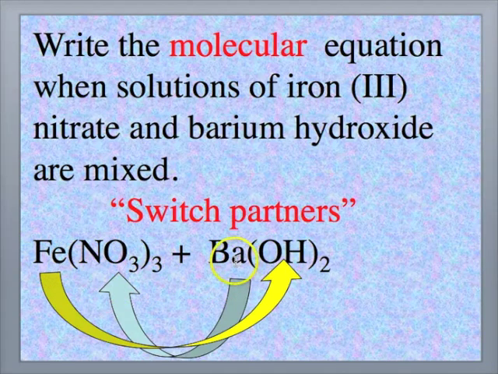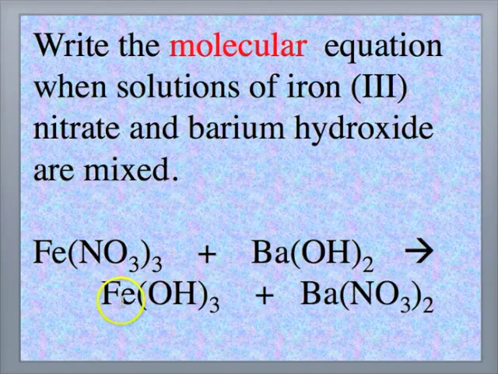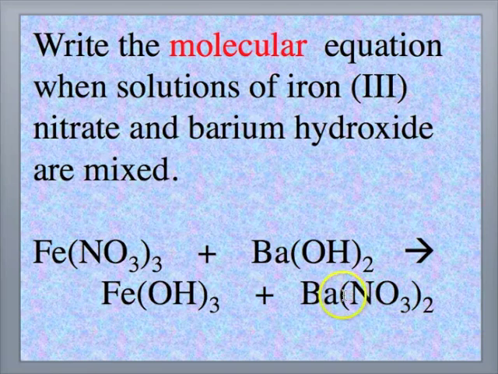The barium, which was connected to the hydroxide, goes and bonds to the nitrate. So for our reaction, we would write an arrow and then the new iron compound that formed, iron hydroxide, and the new barium nitrate that forms.